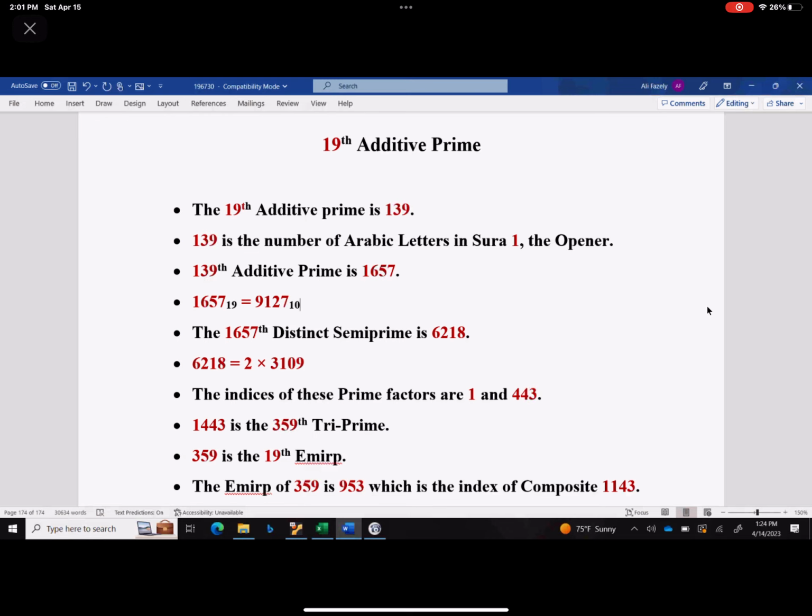This number 1443 happens to be the 359th triprime. 359 is the 19th emirp, which means if you write it backward, it becomes another prime.